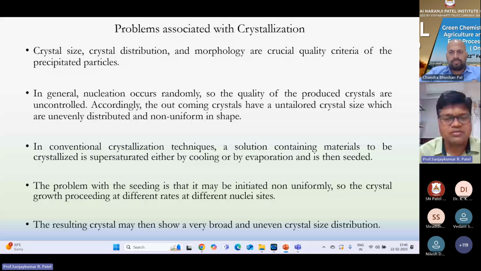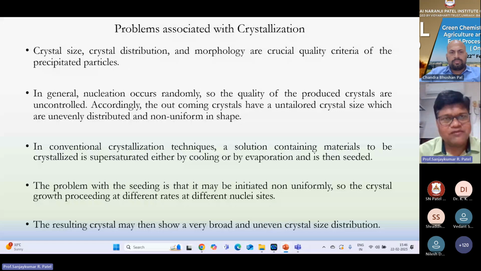The crystals should be uniform, as well as having a uniform shape. So there is a requirement that there should be uniform crystal size and uniform crystal shape that are being produced by the downstream processes.